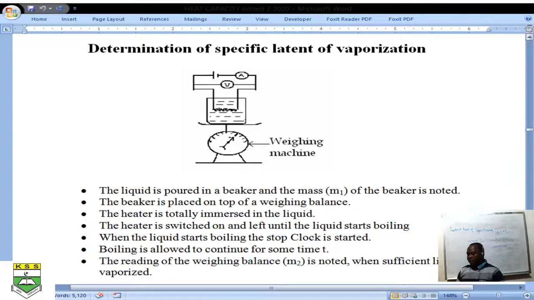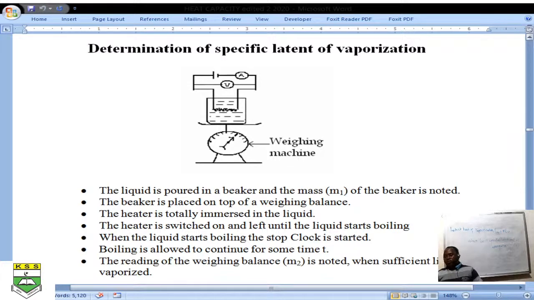The ammeter reading will be the I, and the voltmeter reading will be the V, and these are the ones we shall use to calculate the power. Now, in this experiment to determine LV, the method of work remains the same, only that this time around we are using a liquid.